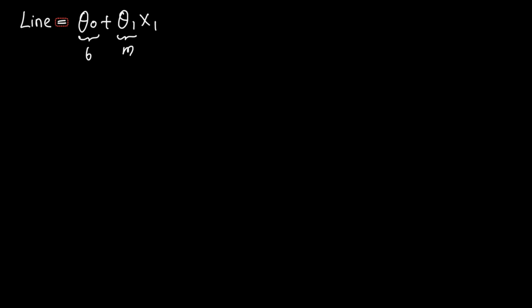But right now I'm changing the notation, because these are the standard notations that people use. So this is a two-dimensional line. Similarly, we can have a three-dimensional line, which is also called a plane, and so on. There are different ways to write this.